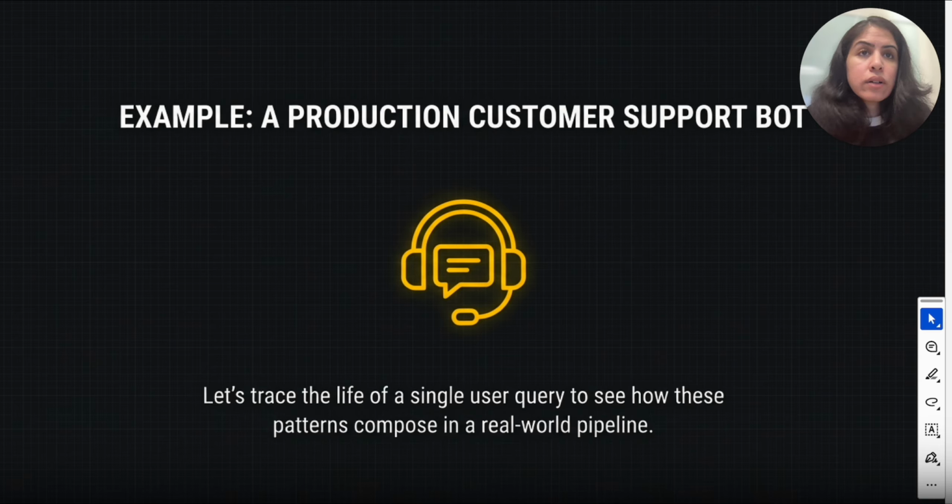Imagine you are a customer support bot for a department store. I mean, obviously you are not, but there is a customer support bot for a department store. And when a user asks a question, here is exactly what happens behind the scenes.